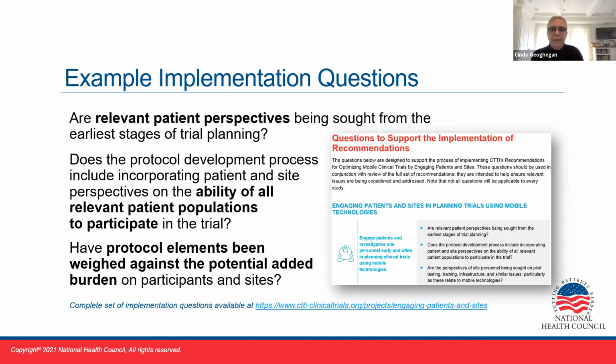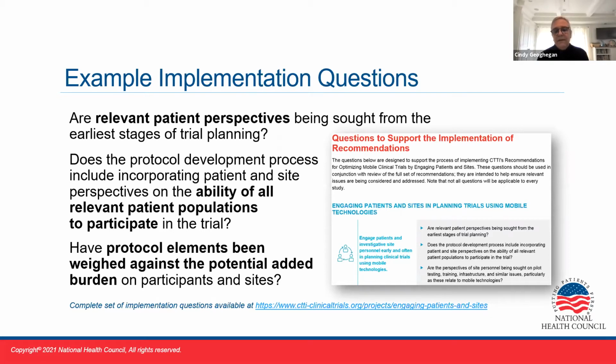So are the relevant patient perspectives being sought from the earliest stages of planning, not just in the beginning, but throughout? So what might some of the challenges for the patient group be? Protocol development needs to incorporate patient and site perspectives on the ability of all relevant populations to participate.